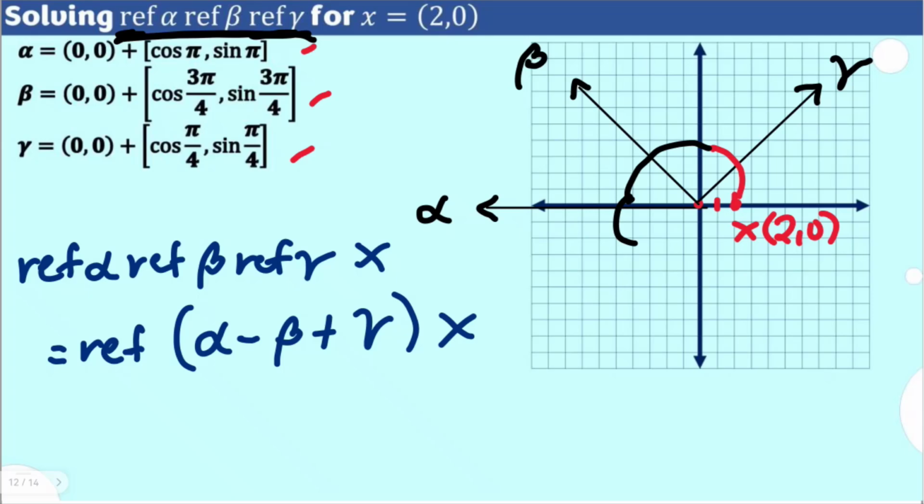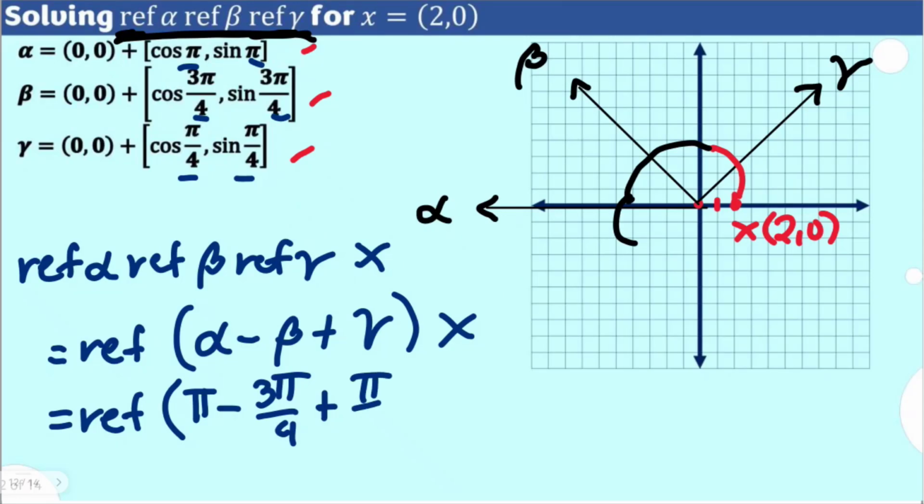Take note that this alpha, beta, and gamma pertain to the angles. As long as they're all in radian measure, we use radian measure. If all of them are in degree measurement, we'll be using degree measurement. Nevertheless, what we have here is the reflection of your alpha, which is pi, minus 3 pi over 4 plus pi over 4.